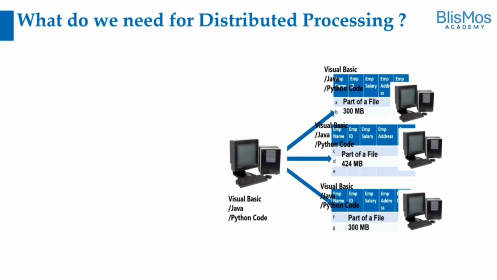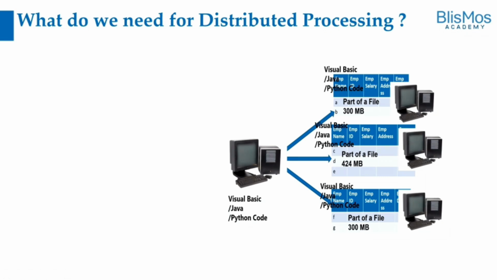Is there a magic? For example, if I want to add the salary of all the employees, it was one big table, I would say sum of all the rows. But my data is not in one place now. My data is in different systems.